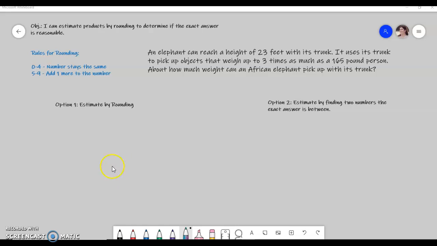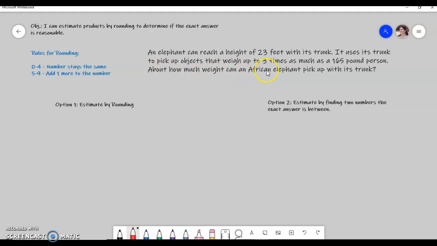Now here's the thing, guys. Not every piece of information in a word problem is necessary. Let's look at this problem again, and let's see if we can figure out what information we are not going to need. An elephant can reach a height of 23 feet with its trunk. It uses its trunk to pick up objects that weigh up to 3 times as much as a 165-pound person.